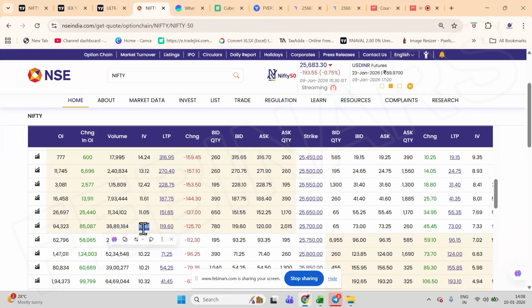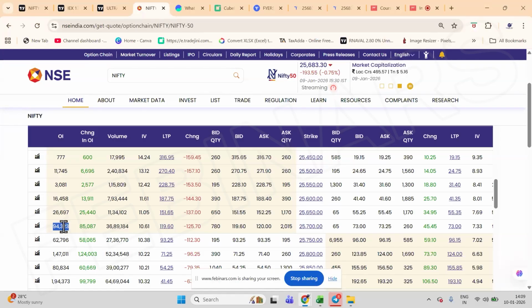IV is the rate of change. The speed at which it changes is 10.61. Volume, number of contracts traded based on this. What is the total open interest? 94,323 lots.